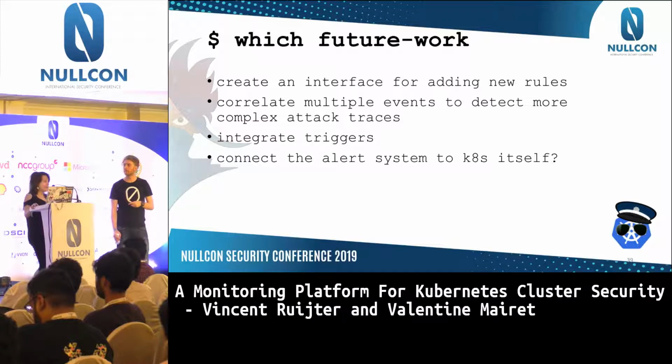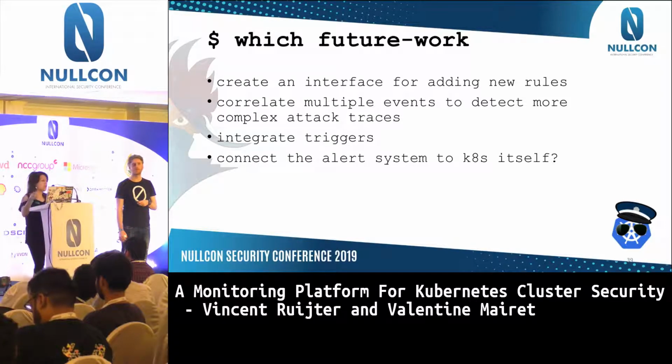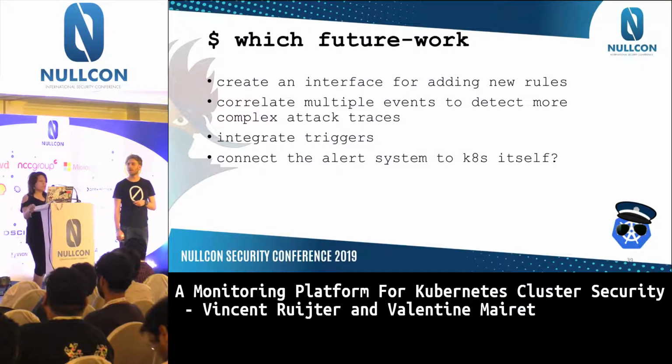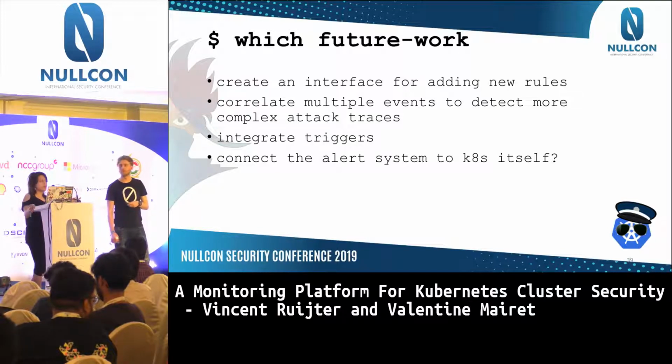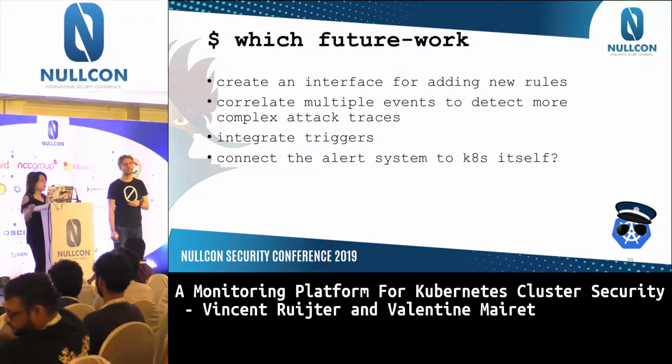So, for example, if you have an attack on an important asset, like etcd, which is a very important pod container, you could generate an SMS, an email, or some kind of message to the person responsible for your Kubernetes instance. And we could also connect the alert system to Kubernetes itself. The reason this would be handy is, for example, if you see incoming malicious requests from a specific IP, you could actually block the connection from that IP.